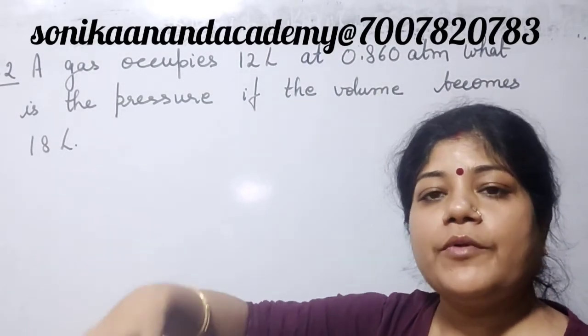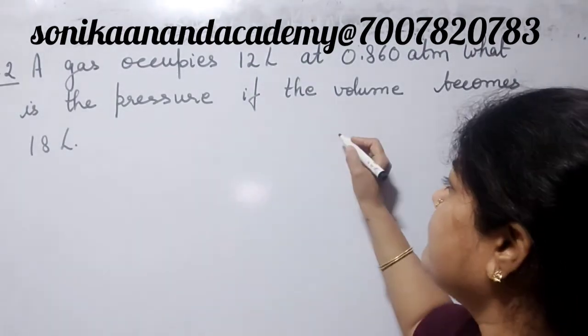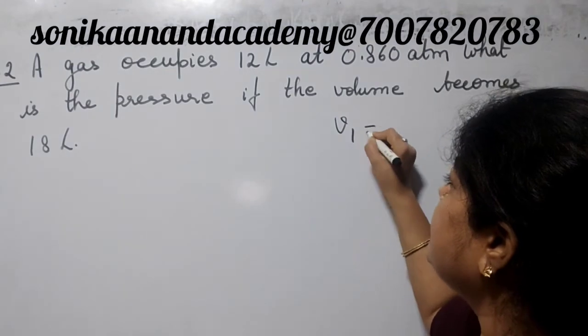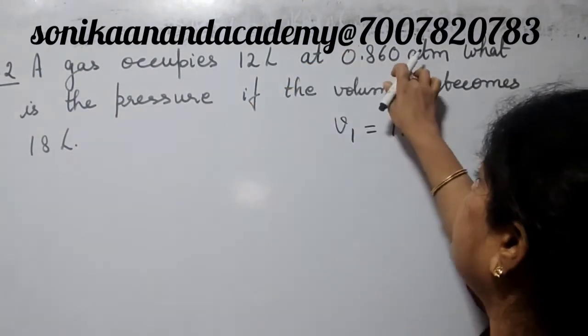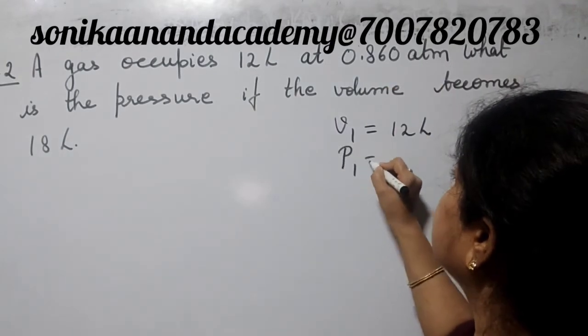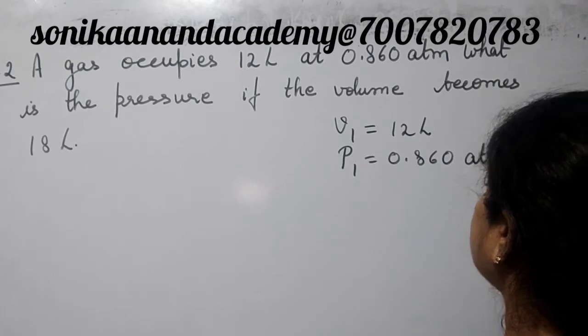As we solved in the previous question, this question is based on the same pattern. So when we analyze, first V1 volume is given, which is 12 liters. And for that, pressure, that is P1, is 0.860, and here the unit is atmosphere.